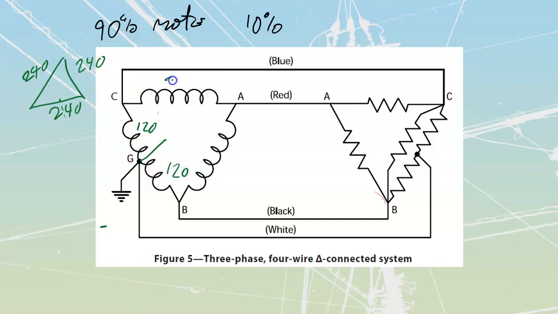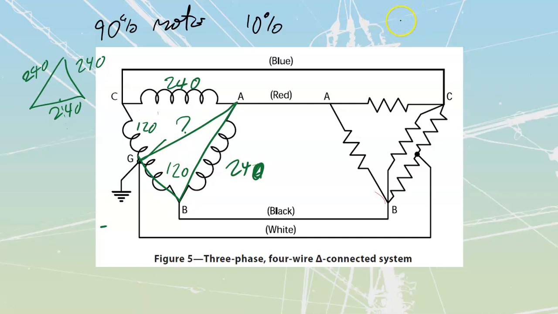But I know that from here to here is 240, and I know that across from A to B is also going to be 240 volts, which means that if I were to look at this, I could actually draw a right angle triangle over here, and I could use just my basic Pythagoras to figure out what this value is going to be right over here.